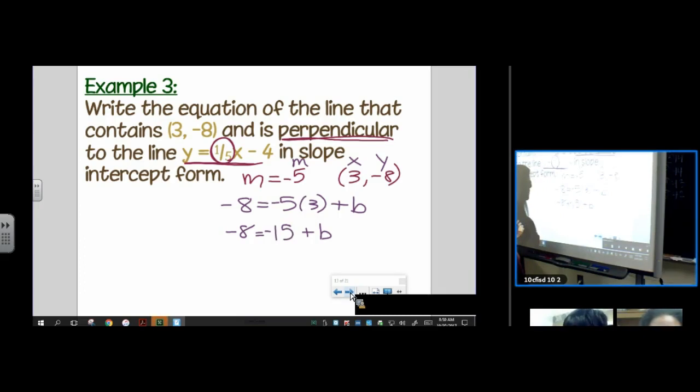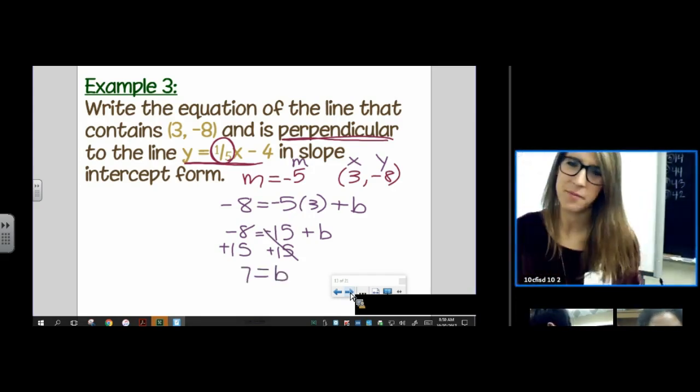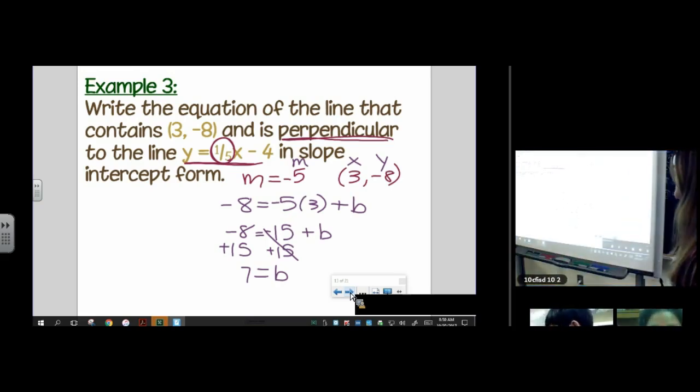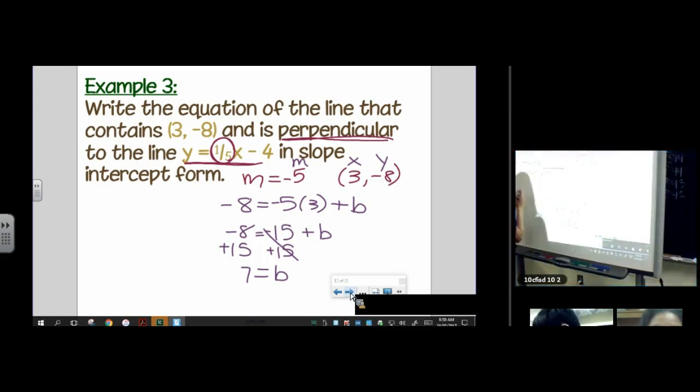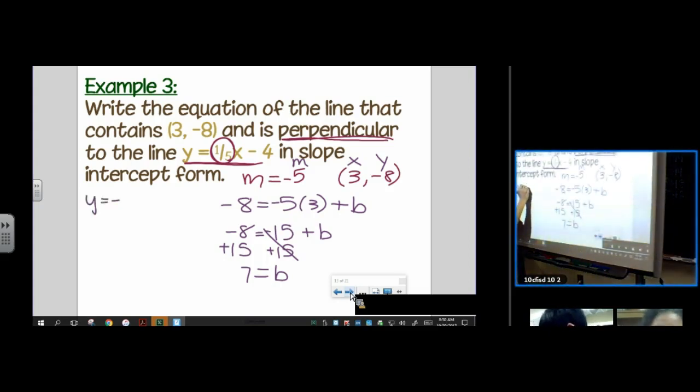So now we have 15 minus 8. Wow, that was the same y-intercept as the last problem. Who designed this lesson? Just kidding. All right, so that is not our answer. Our answer is y equals mx plus b.